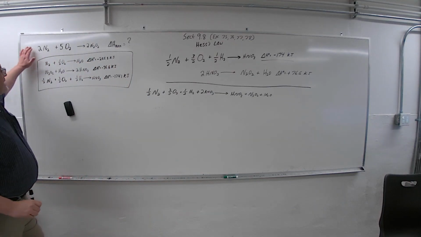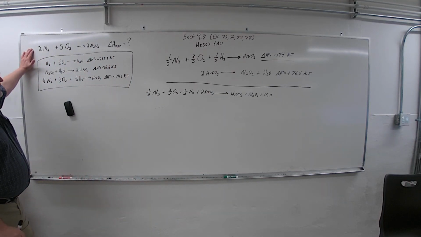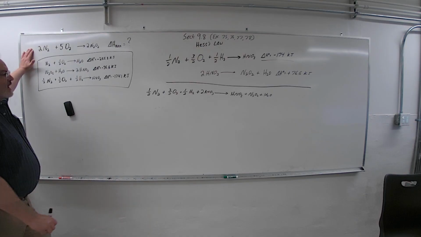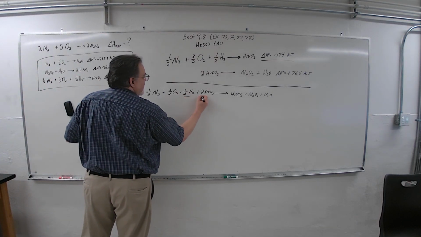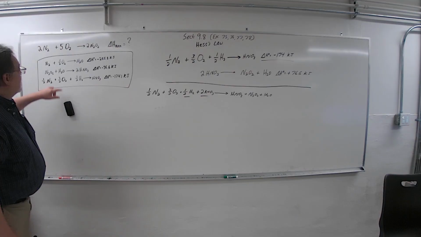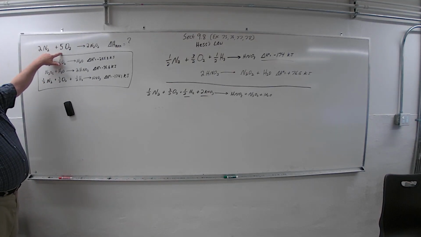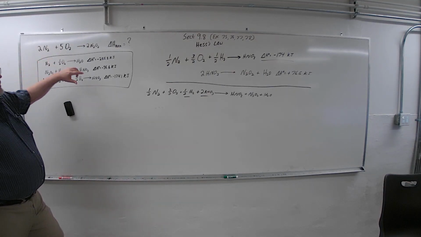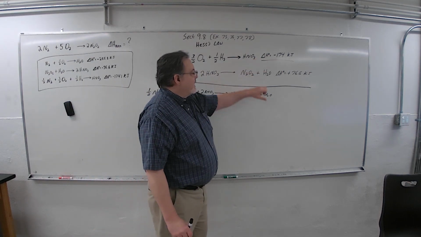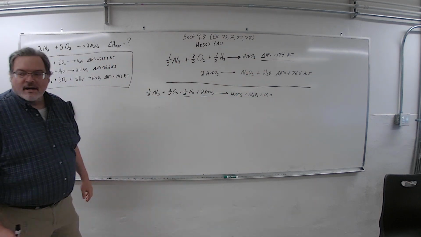Since I'm trying to make this reaction, the problem is I've got H2 and HNO3 when I just wanted N2 and O2 on the left side. So I need another reaction to get this stuff.